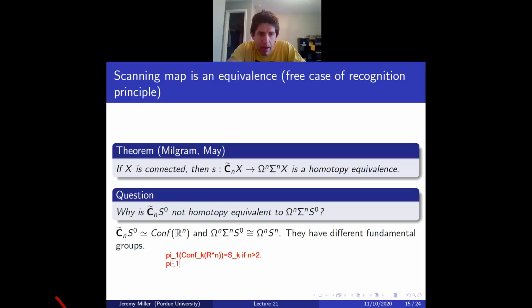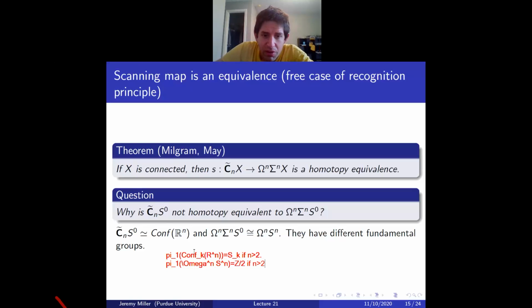On the other hand, pi 1 of this is Z mod 2 if n is bigger than 2. And the symmetric group is not Z mod 2 usually. K factorial is often not 2. Sometimes it's 2. So these spaces are definitely different.